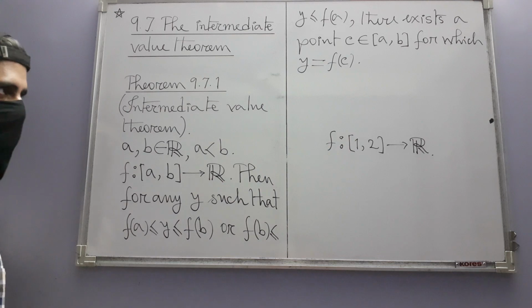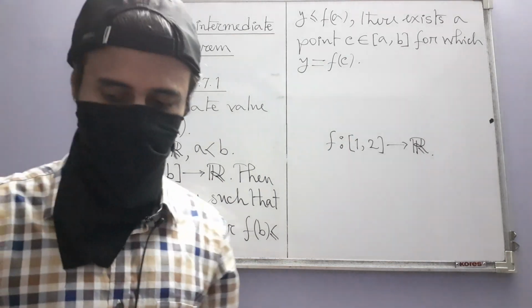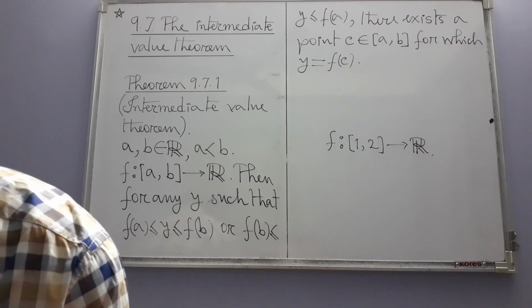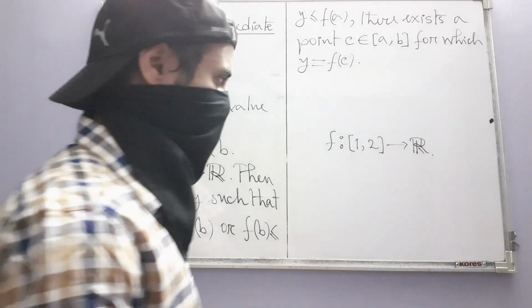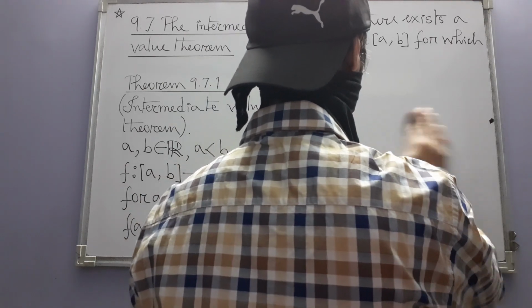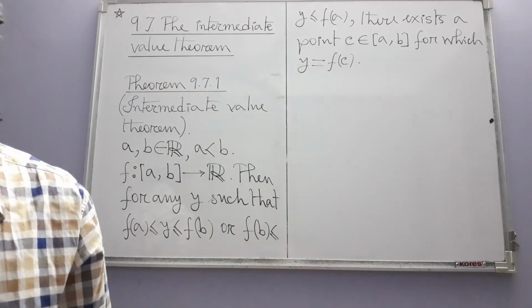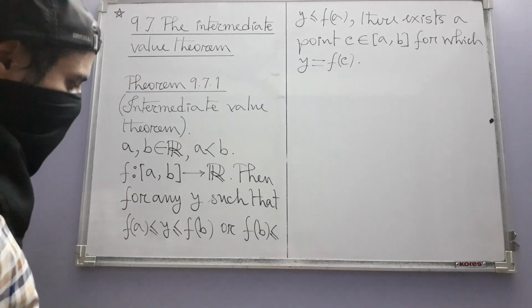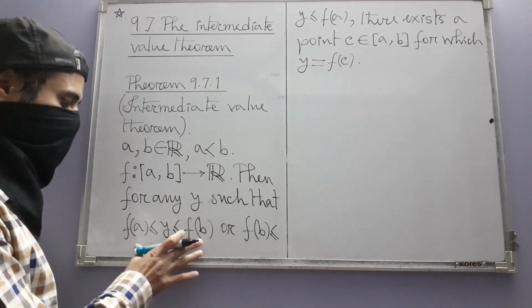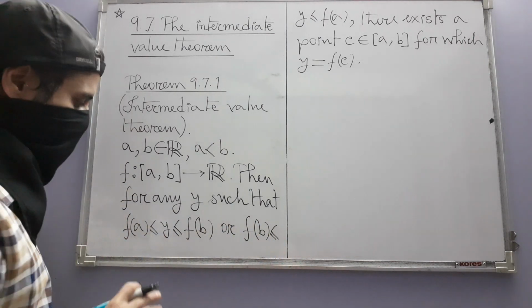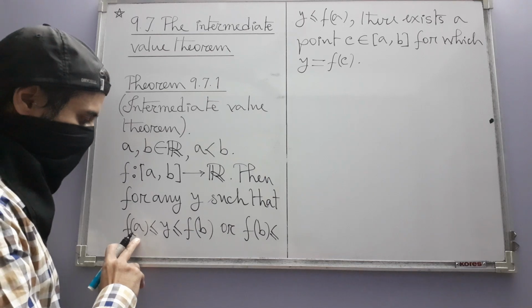So now we are going to see the proof of this theorem. Now in the proof, of course, we will not show both these cases because they are similar. The author has only shown this one.